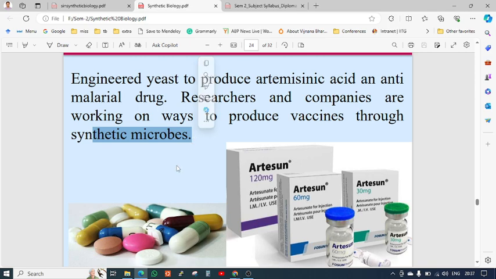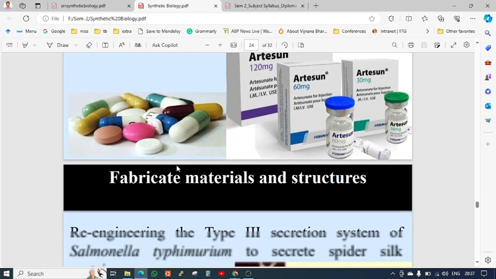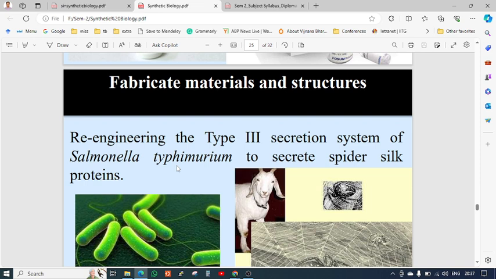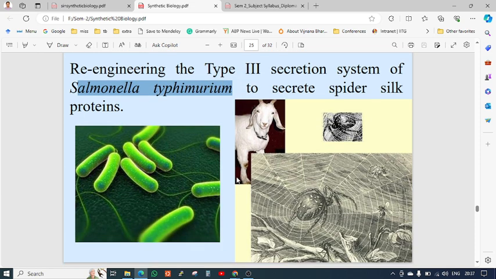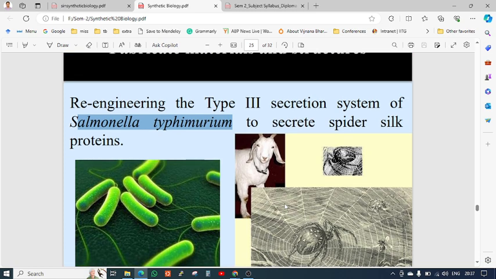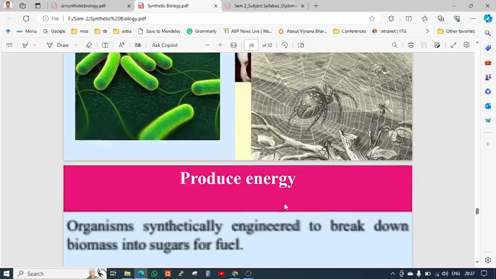See, these are the different applications of synthetic biology. Fabricate materials and structures, re-engineering the type of silk systems, and Salmonella typhimurium are used to create spider silk-like protein. So these are the different examples where we are going to utilize synthetic biology for our needs.